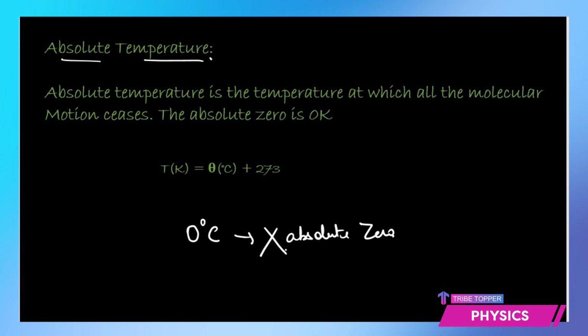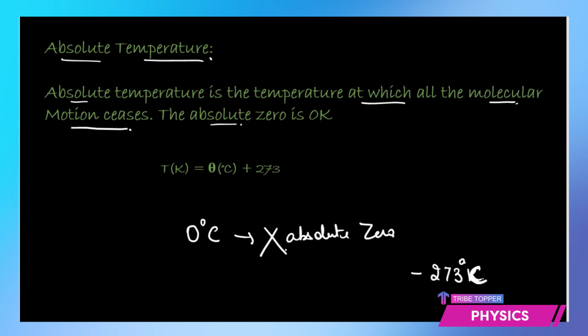But finally, when we reach negative 273 degrees Celsius, that is the temperature at which all the molecular motion ceases. We call that the absolute temperature. So I'll define again: absolute temperature is the temperature at which all the molecular motion ceases.